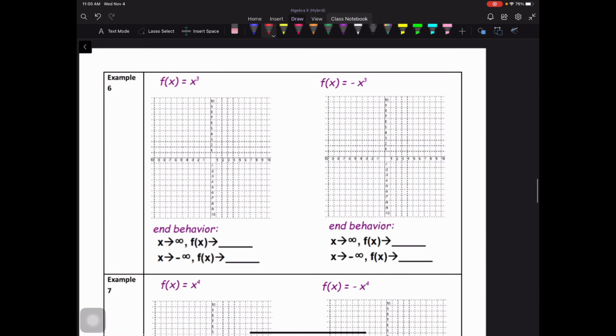Okay, moving on to cubics. The exact same thing here. So x will go -2, -1, 0, 1, 2.